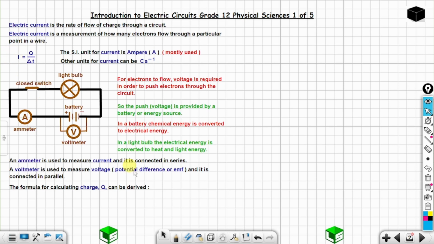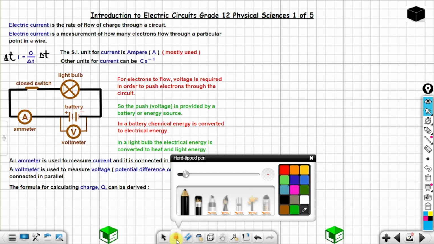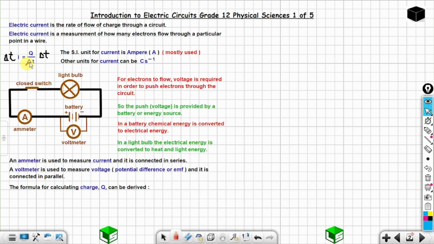Let me show you. You multiply by change in time on this side, and you also do it on the left side. You are going to cancel this and this.